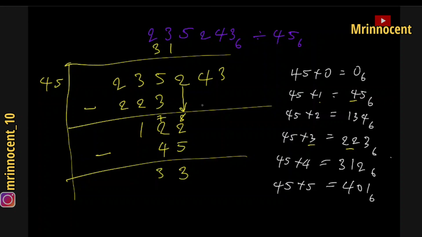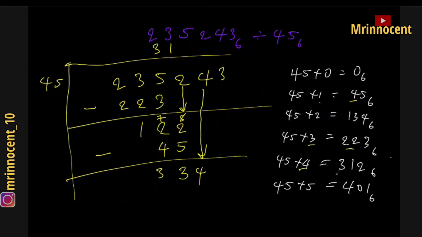So 45 divided by 33 cannot, bring down 4. 45 divided by 334. So we come here, look for a number that is 334 or comes before 334. We have 312, which is less than 334.